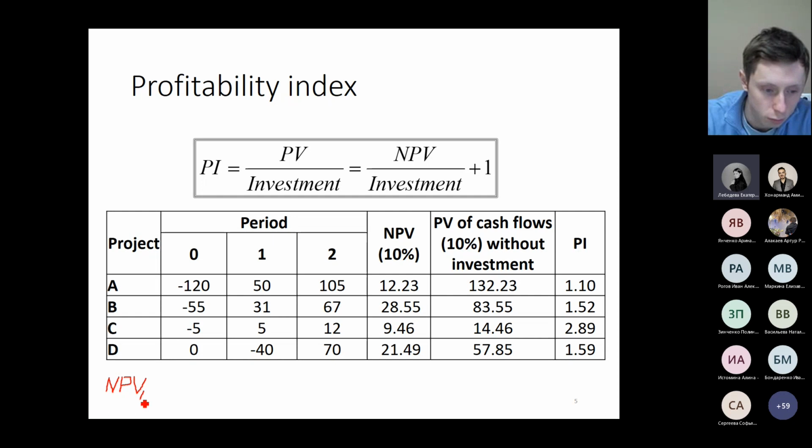NPV of project A. First, let's estimate this. We have an investment of minus 120. Then in the first period, we receive 50 units of currency.